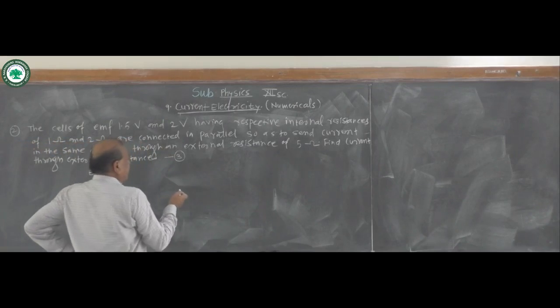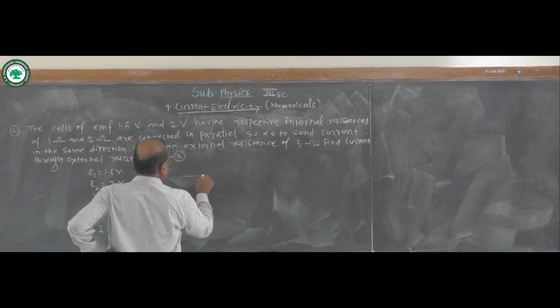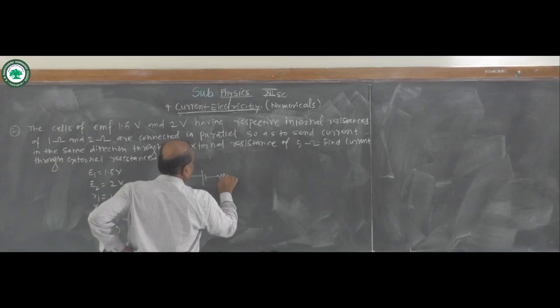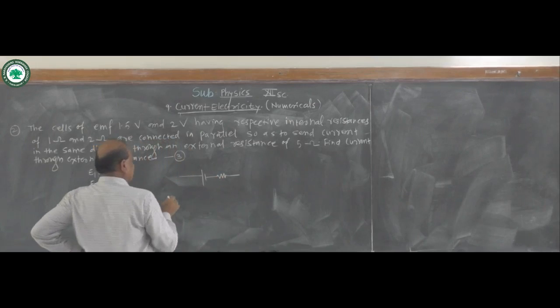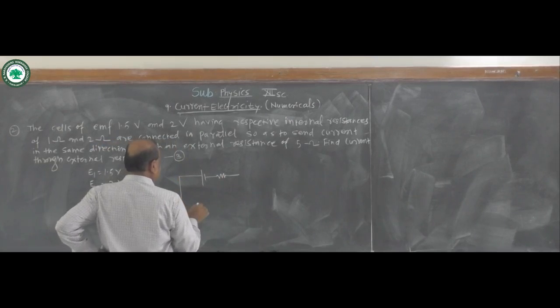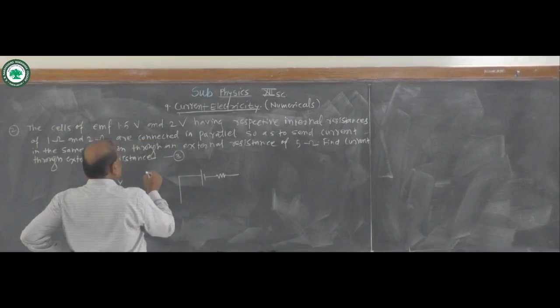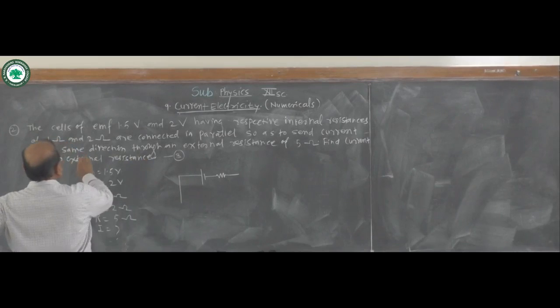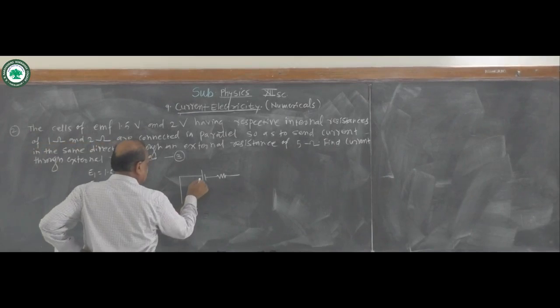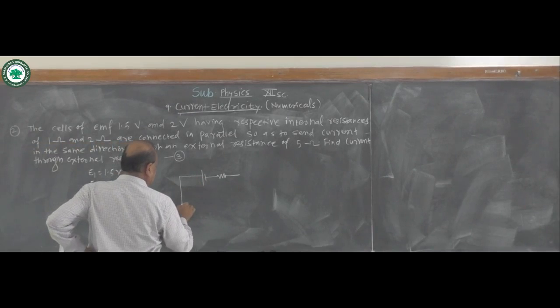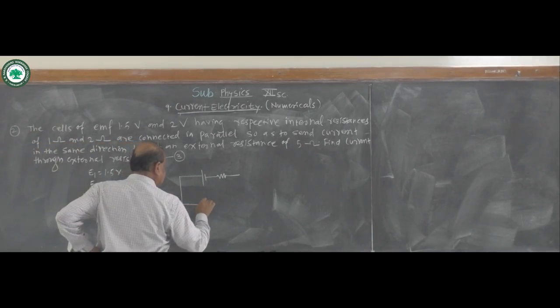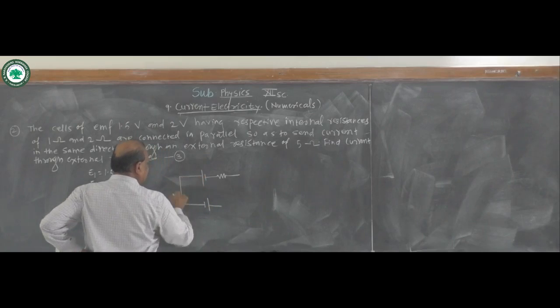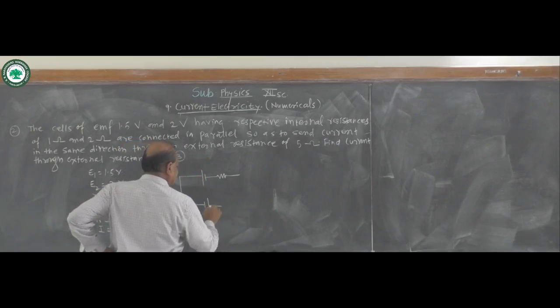Same case is there. Now consider two cells of EMF E1 and E2 and their internal resistances R1 and R2. Given that they send current in the same direction, the current is like this. Here is the negative and then positive, then the direction of current is like this, and the direction of current here is again like this.